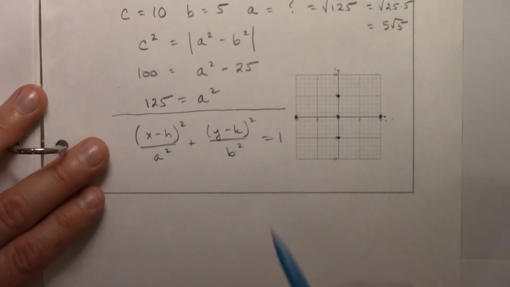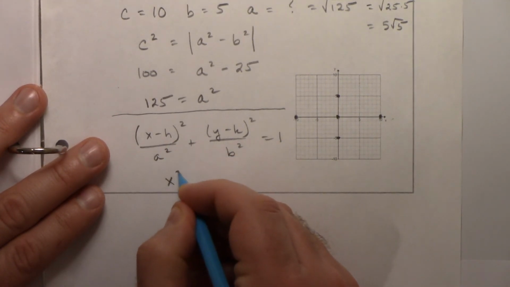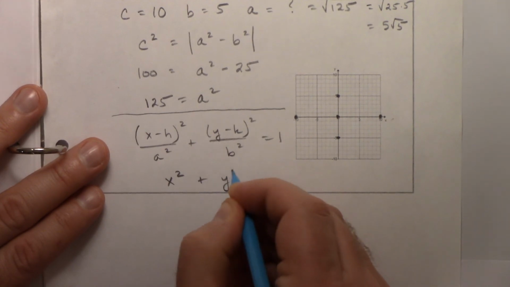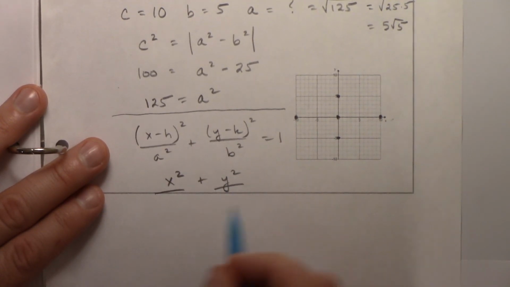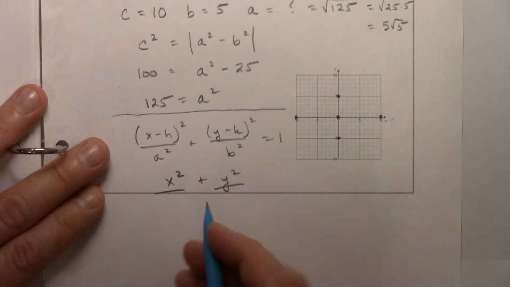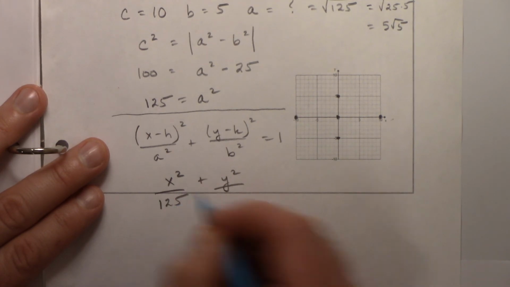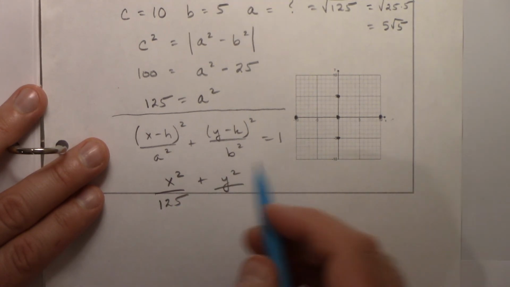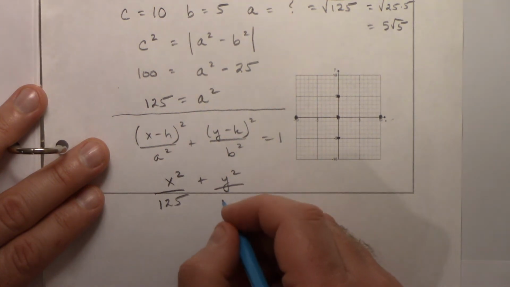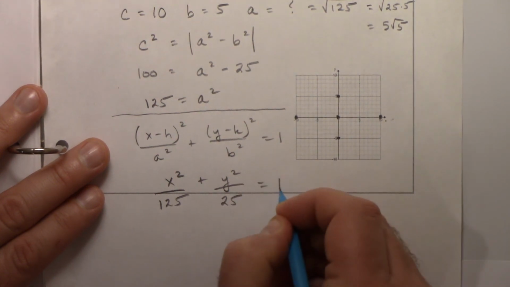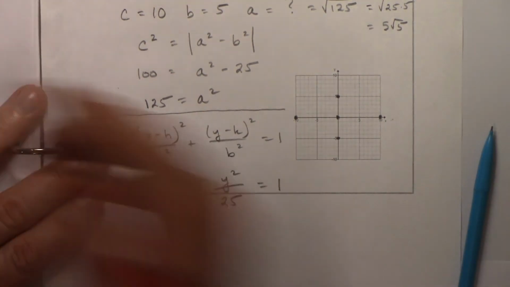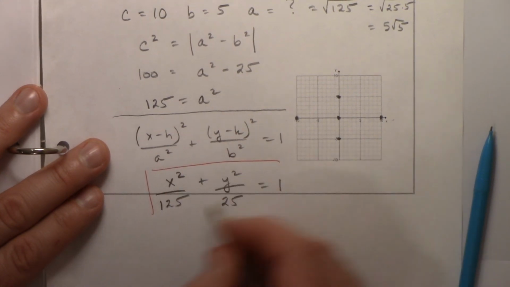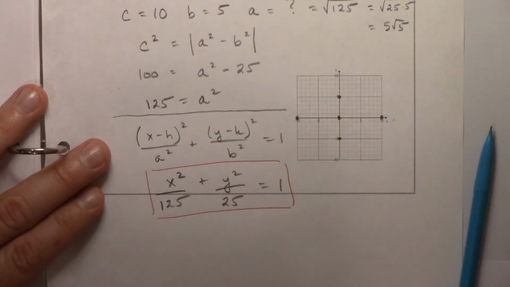H and k are both 0. So that's just going to be x squared and y squared. We've already determined a squared is 125. B squared, well, b is 5, so b squared is 25, and that's all equal to 1. So here's the equation of our ellipse.